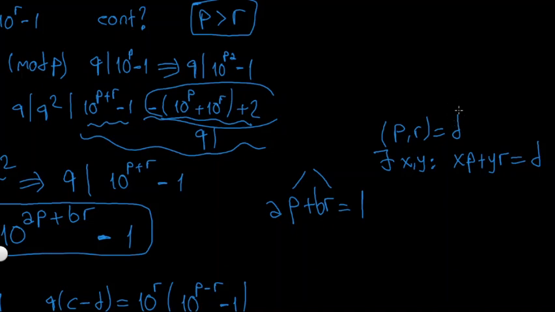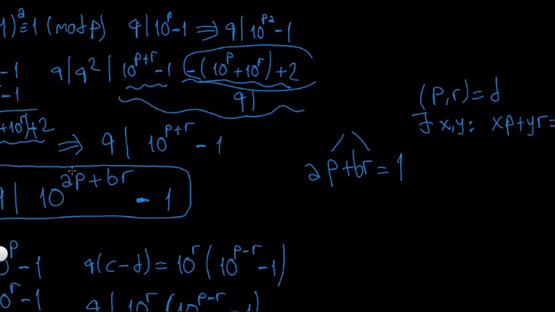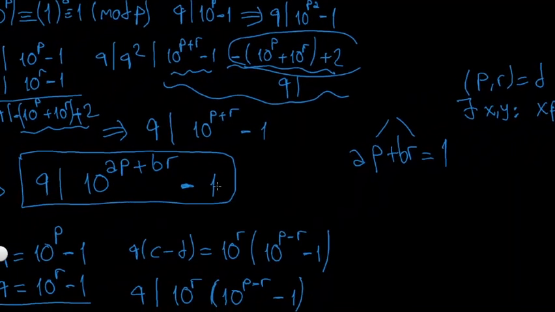And if their GCD is 1, then I can make this equal to 1, and then I would see that q would divide 10^1 - 1, which is 9.